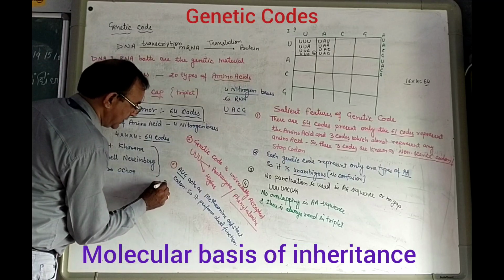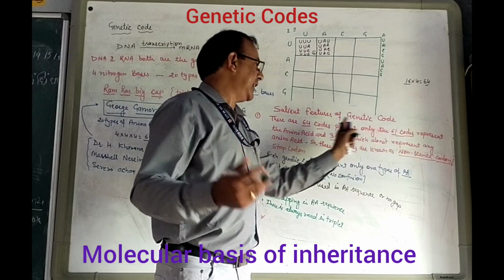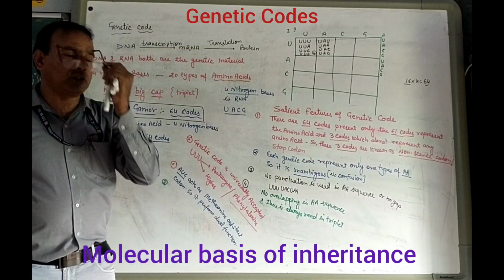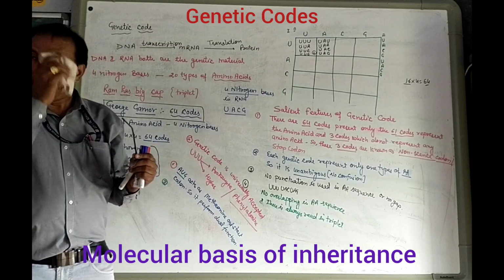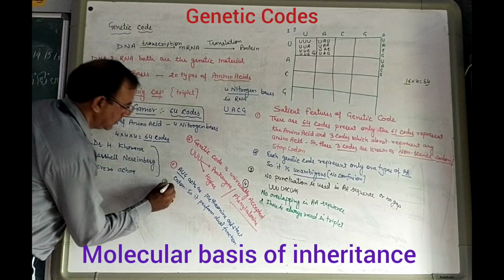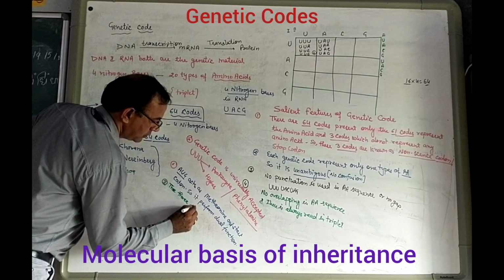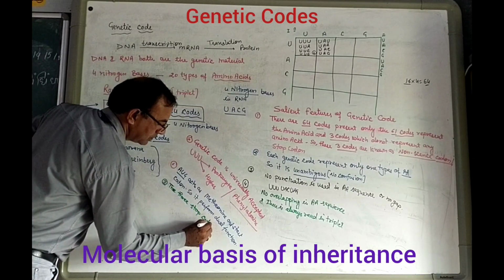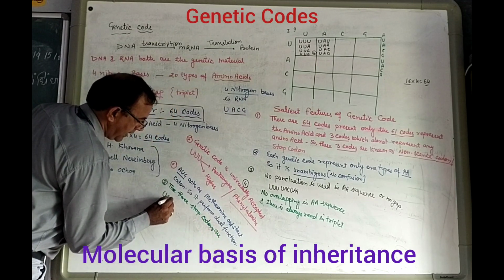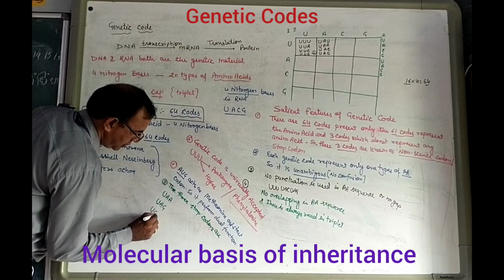And we have discussed that out of 64 codes, 61 represent an amino acid. The three codes which do not represent any amino acid are called stop codons, and those three stop codons are UAA, UAG and UGA.